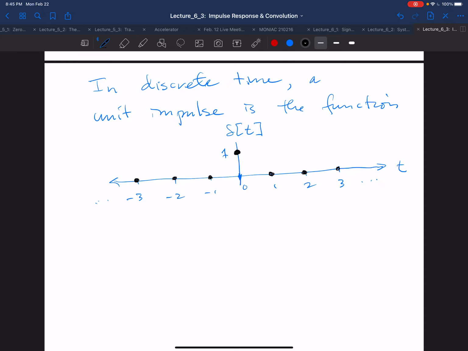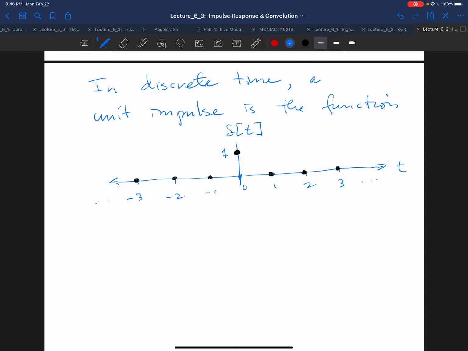So this is much simpler than a continuous time unit impulse, which you have to try to imagine as an infinitely high but infinitely narrow spike with an integral equal to 1. In the discrete time case, we can simply take it to be this function, which is in fact a real function. So that's going to make things a little bit simpler to think about.